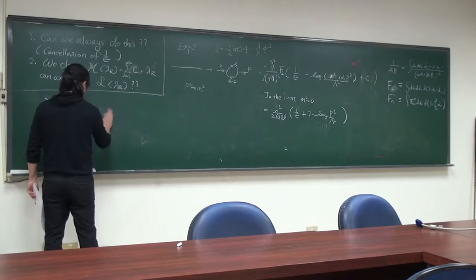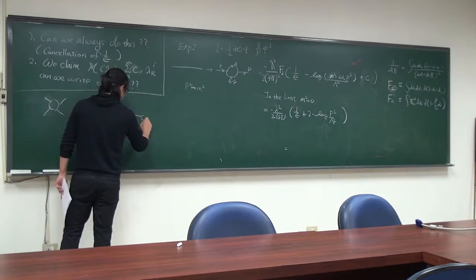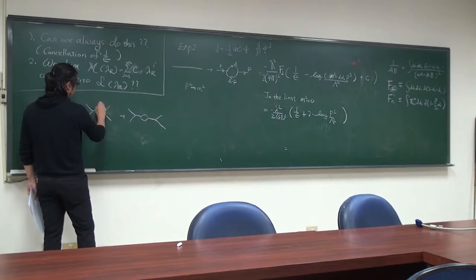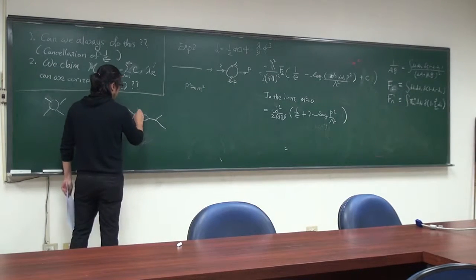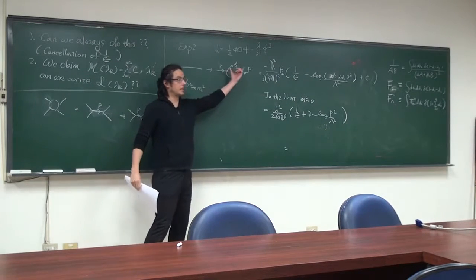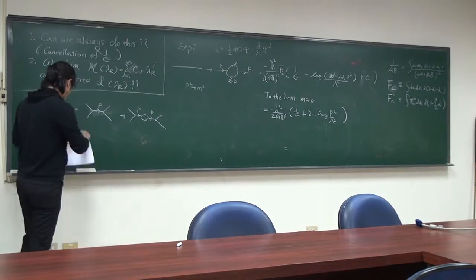Oh, sorry, this is it. Let's call the momentum coming in here P, and this is P, and this is P, for obvious reasons, because this P will become this P up here. Good, so we can write down the answer.